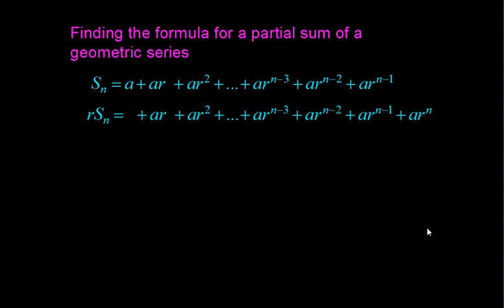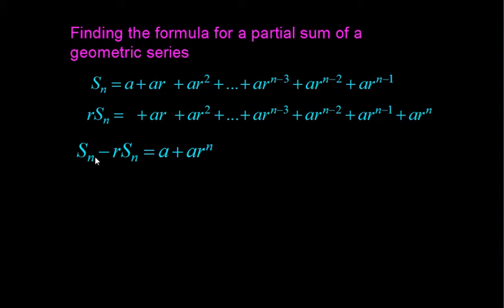Notice what we have left over here. We have an a here that doesn't match any of these, and we have an ar to the n that doesn't match any up there. But if we subtract the bottom line from the top line, you'll see we get s sub n minus r times s sub n.